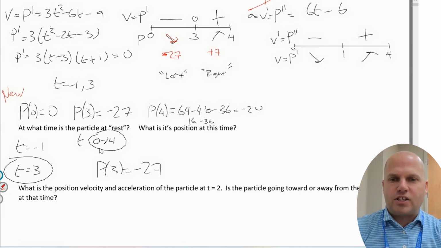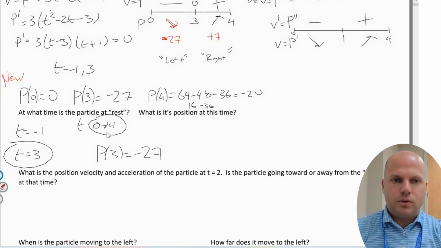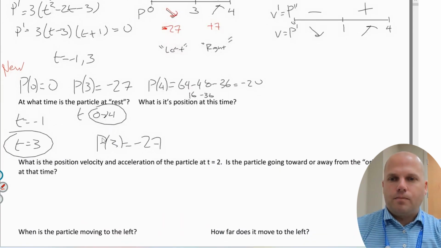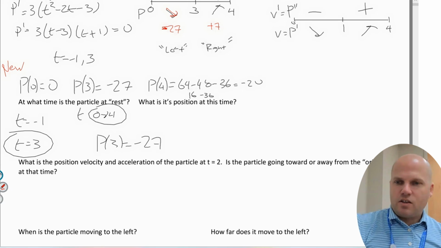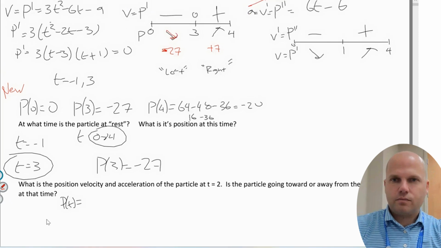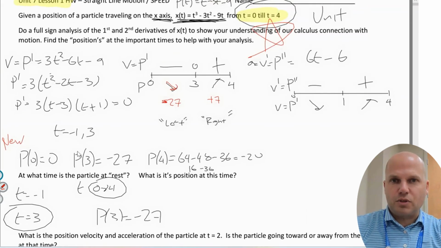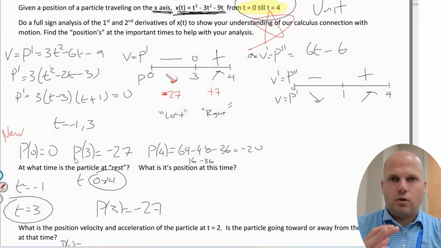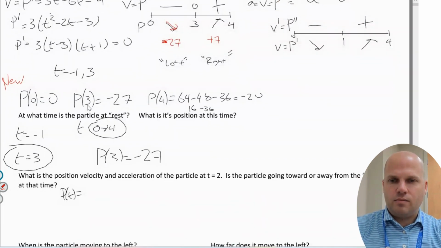What is the position, velocity, and acceleration of the particle at time 2? Is the particle going toward or away from the origin at this time? Well, we need to figure out the position from the position function. This is the position on the x-axis, so that means we're left and right. So t cubed minus 3t squared minus 9t.